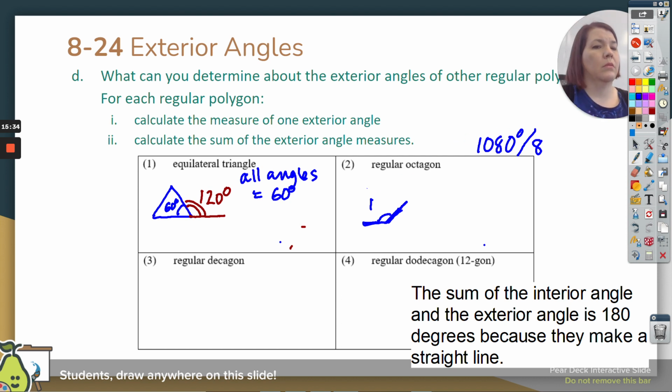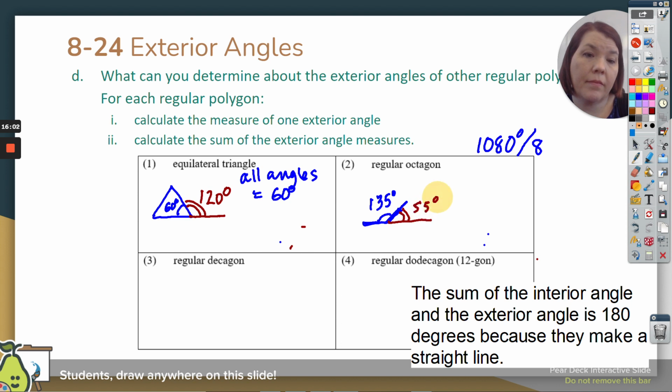I'm just going to let the calculator handle it. That's 135. So the exterior angle, this one, will be 180 minus 135, which is 45.